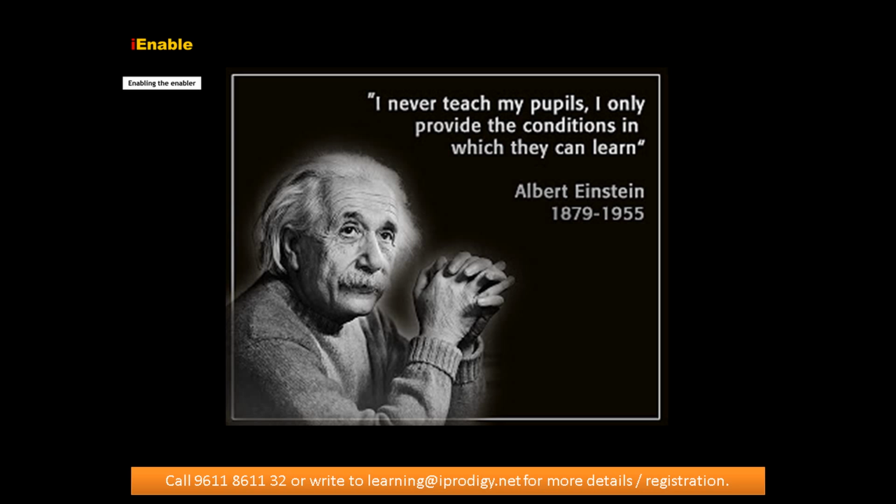The investment and the return that comes therefrom in terms of impact on business bottom line or objectives of the institution, there's a huge gap.